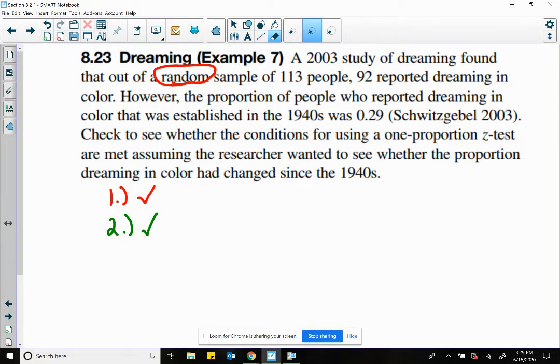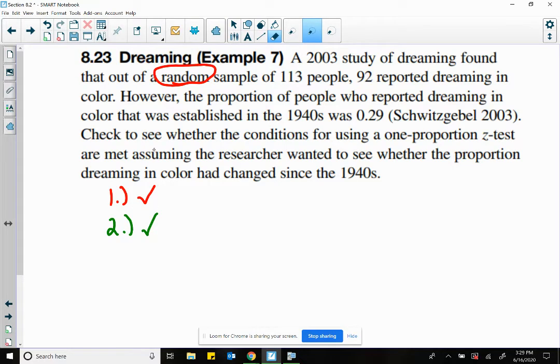Generally we can assume the first two are true, because usually if people are performing a study, they want to make sure they're performing it in the best possible way, which means eliminating bias. That's the simple random sampling, the SRS that we talked about before.